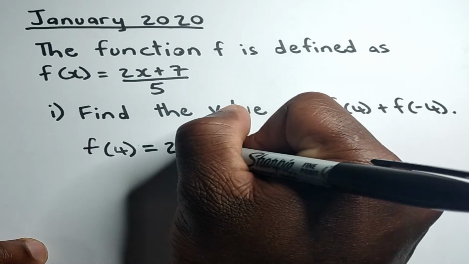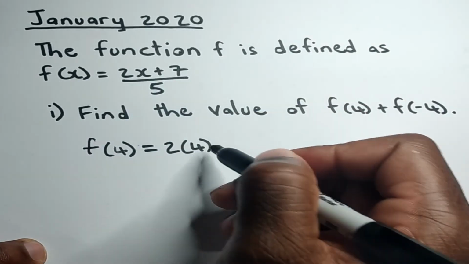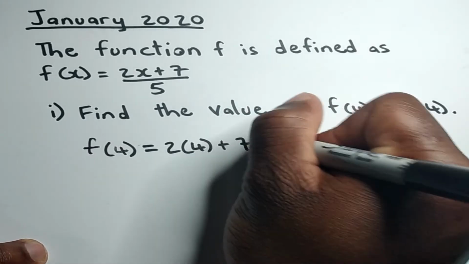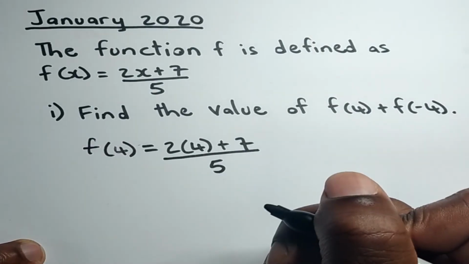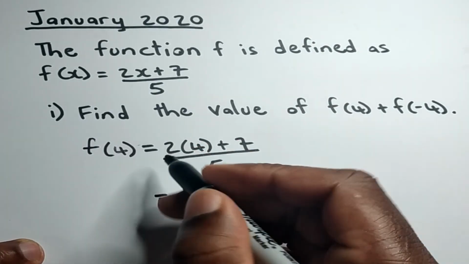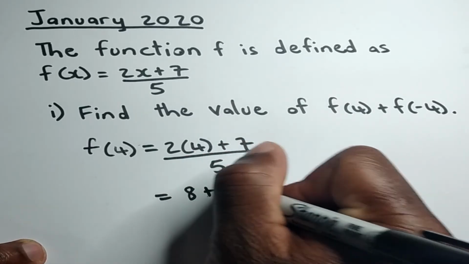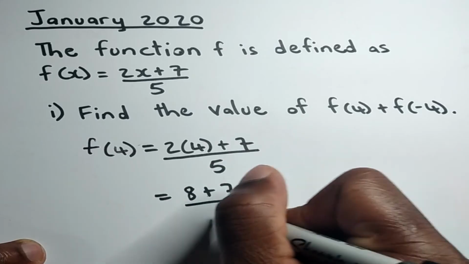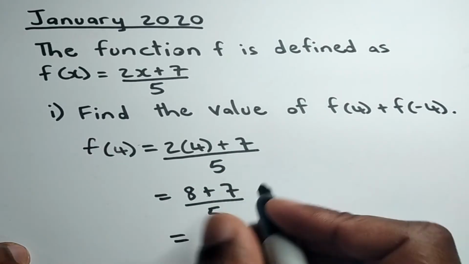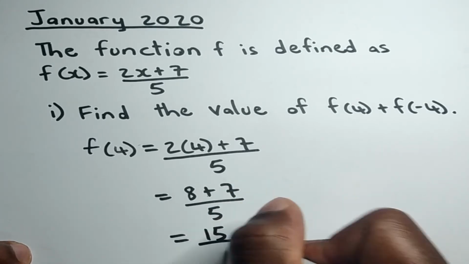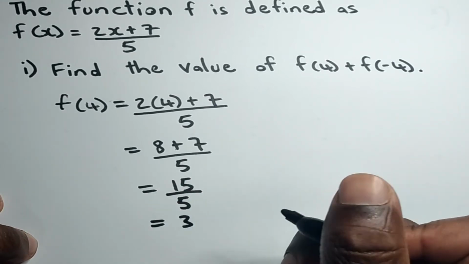So this is the same thing as 2 times the 4 in brackets, plus 7 over 5. 2 times 4 is 8, so I have 8 plus 7 over 5. 8 plus 7 gives us 15, so this is 15 over 5, which is 3.